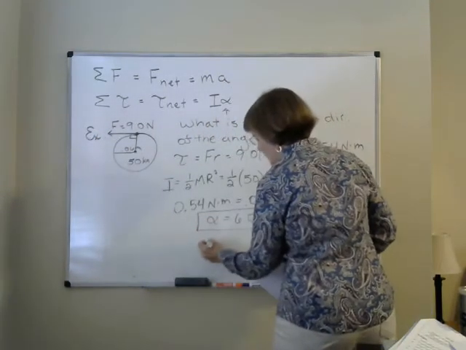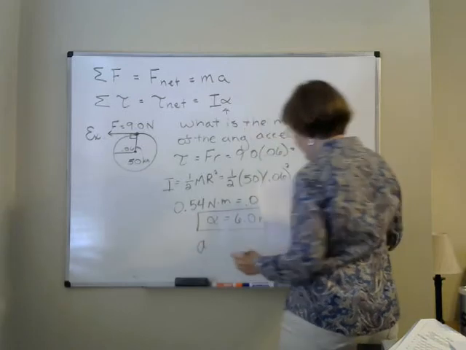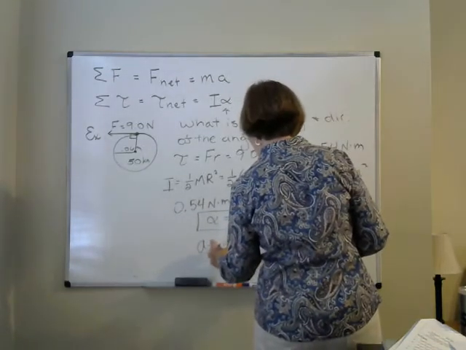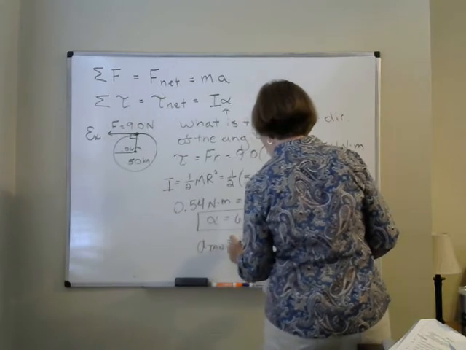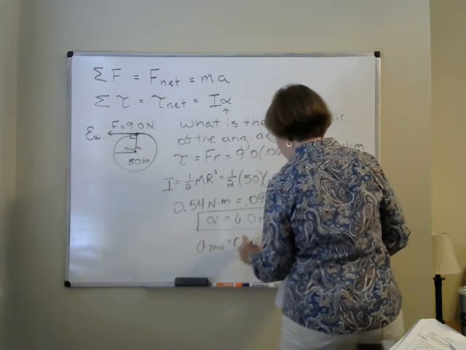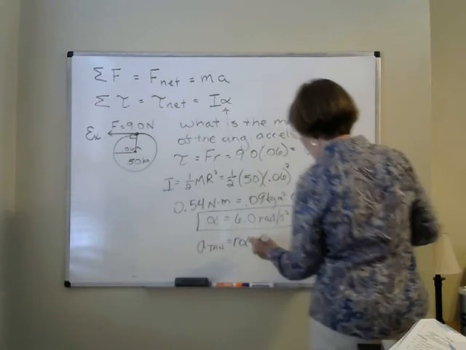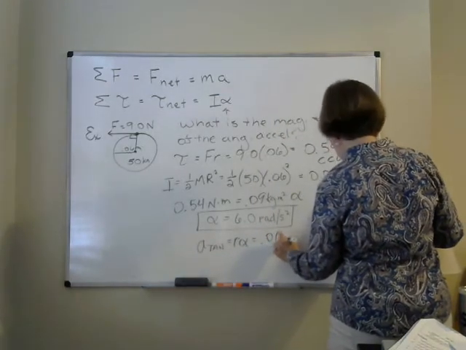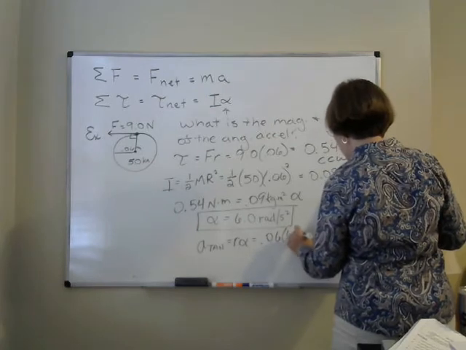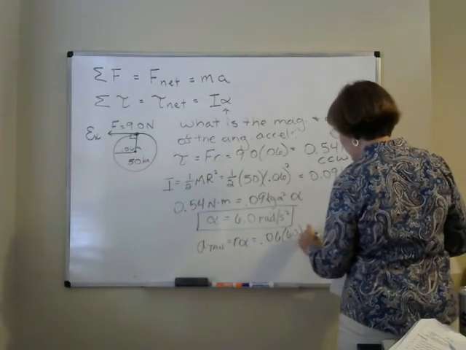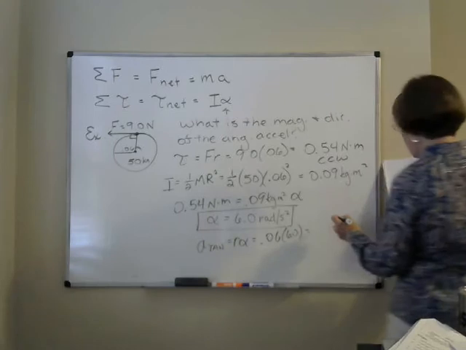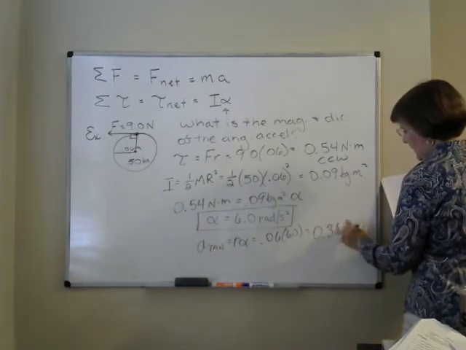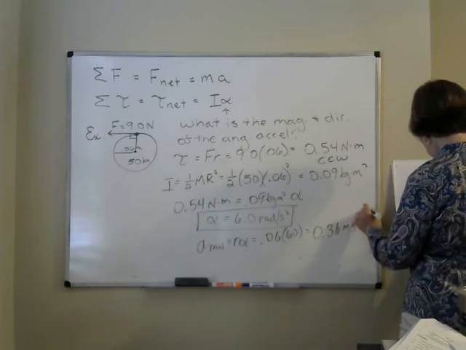The linear acceleration, and this is a tangential linear acceleration, is simply r alpha. So 0.06 times 6.0 radians per second squared comes out to be 0.36 meters per second squared.